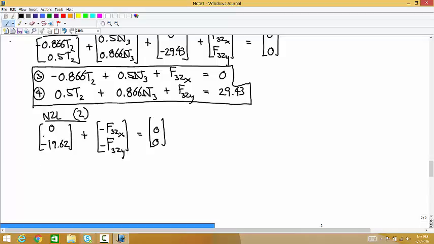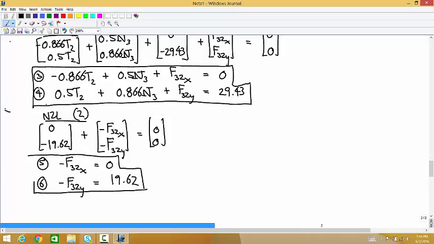So our last two equations, equation 5 says negative F32X is equal to 0. And our sixth equation says negative F32Y is equal to 19.62. Okay, so you can see that equations 5 and 6 let us solve for F32.